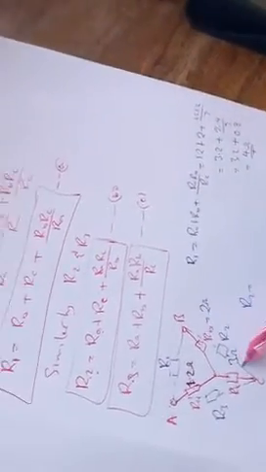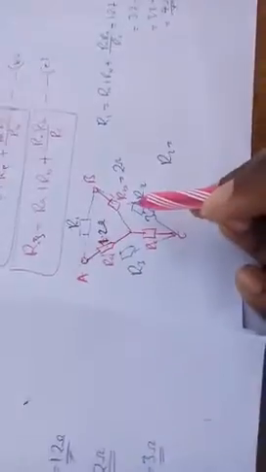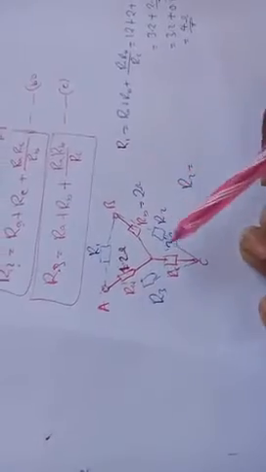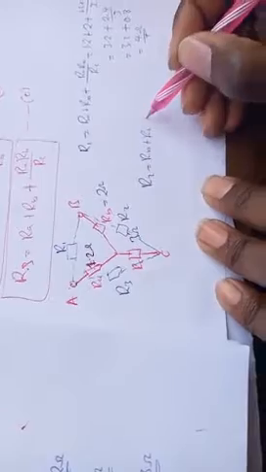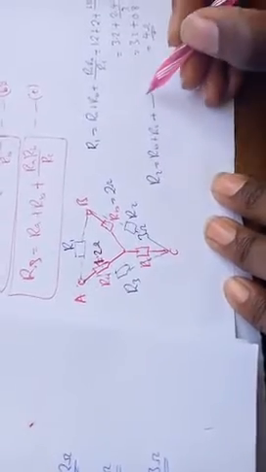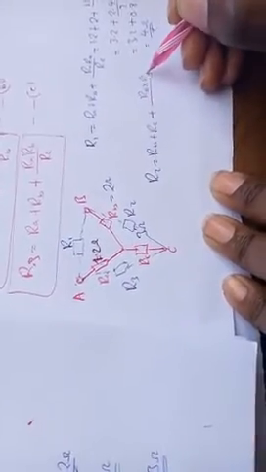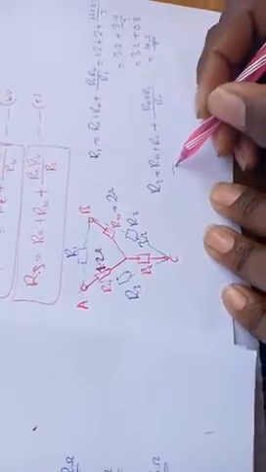R2, which is this side. The star is connected to these terminals of R2. So RB plus RC plus RB times RC over RA.